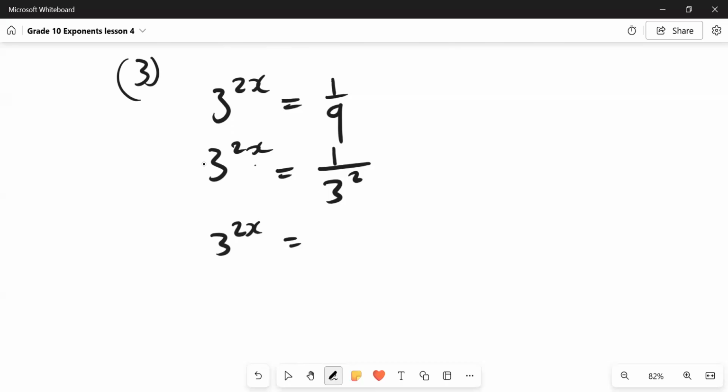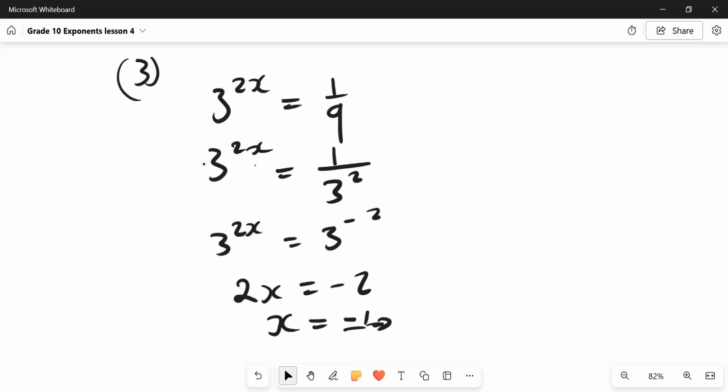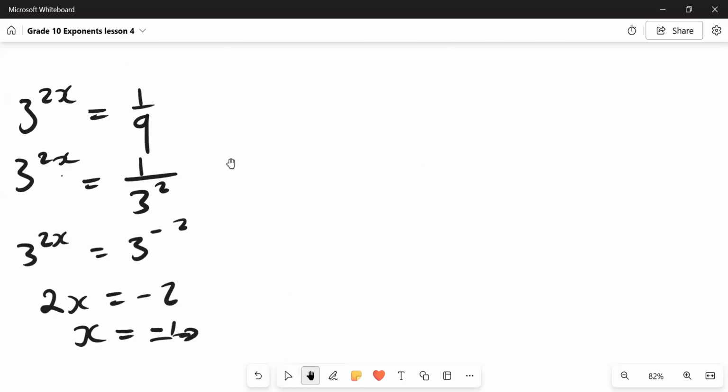And then this can be expressed as 3 to the power of minus 2, law number 6, right? And then bases are the same now. Drop down the exponent. 2x is equals to minus 2. Divide by 2 both sides. This is negative 1. Your answer is negative 1. Then we're done. And we move to the next part now, which is example 4.